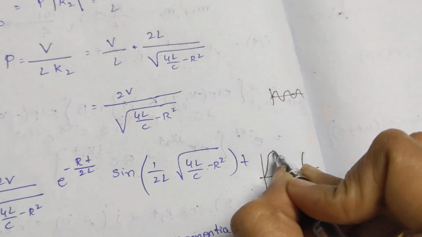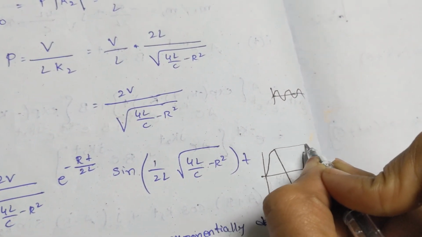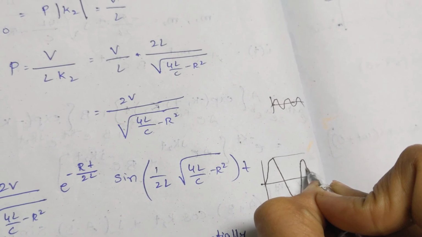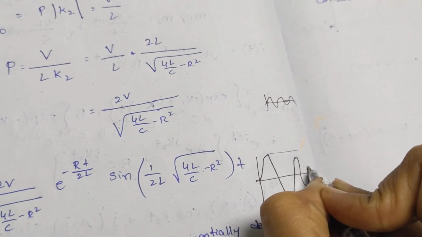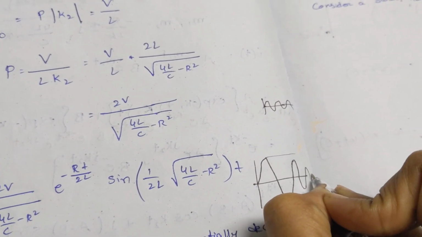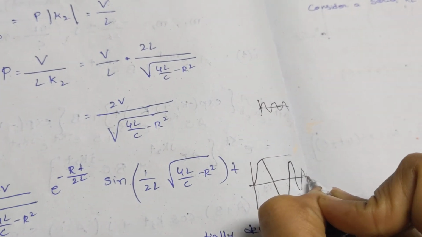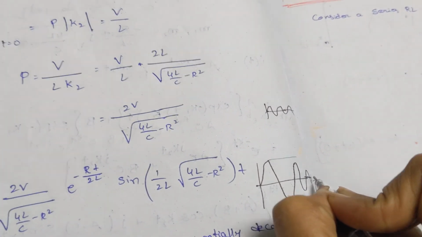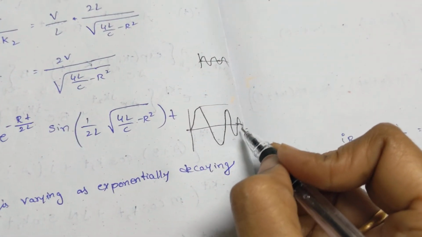Your magnitude in the first case goes up to here, in the second case it should be less than this, and the third case is likewise. In the meantime the value is going to reduce to 0.